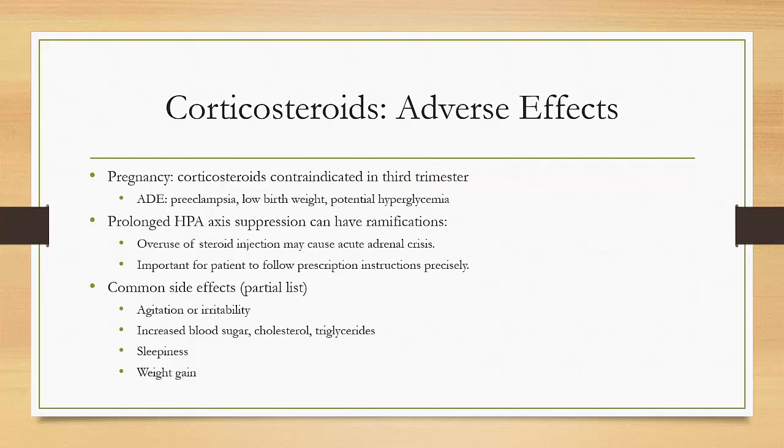The adverse effects. In some cases of adrenal insufficiency, there is a suppression of the HPA axis in patients receiving high doses of corticosteroids for prolonged periods of time. With prolonged suppression, the adrenal glands atrophy and can take months to recover full function after discontinuation of the exogenous corticosteroid.